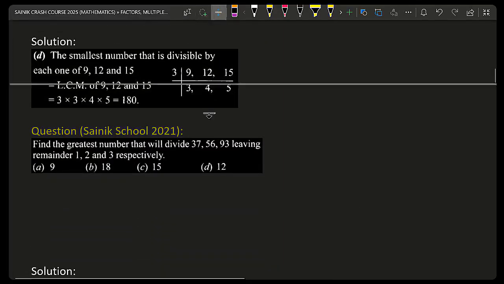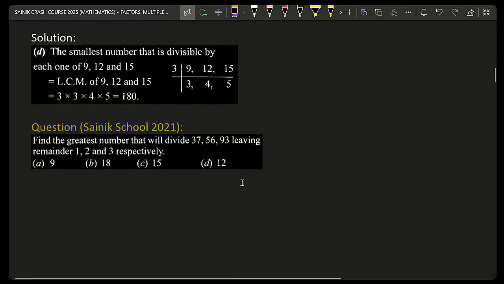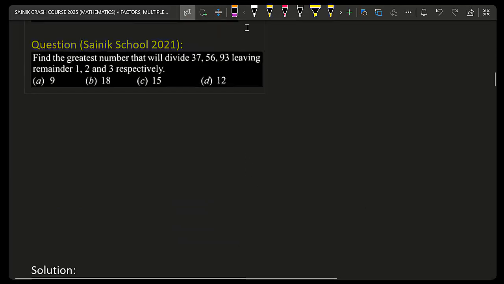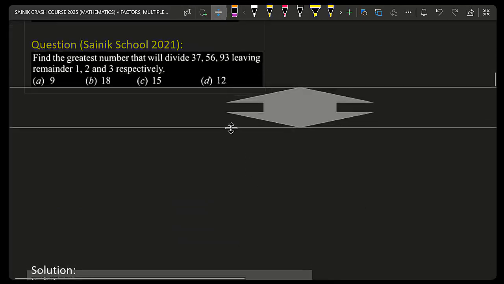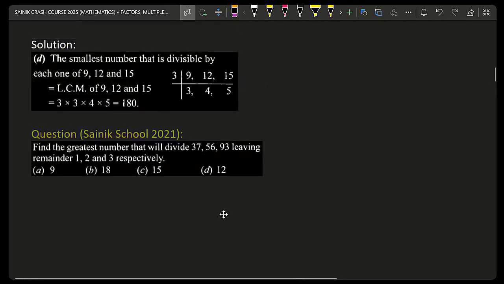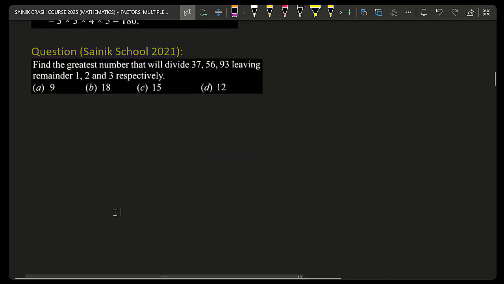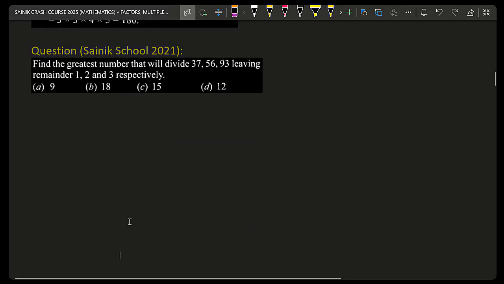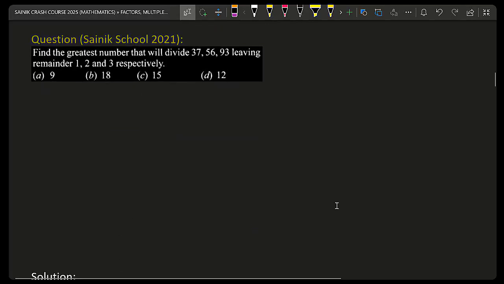Next question is: find the greatest number that will divide 37, 56, 93, leaving remainders 1, 2, 3 respectively.